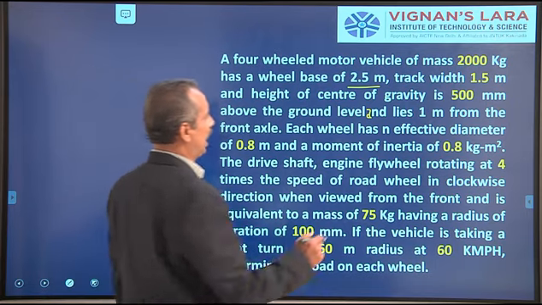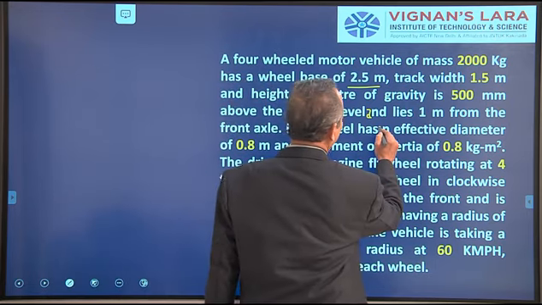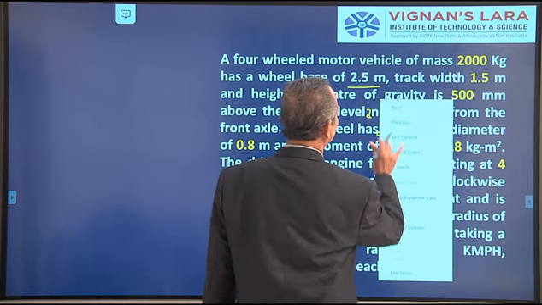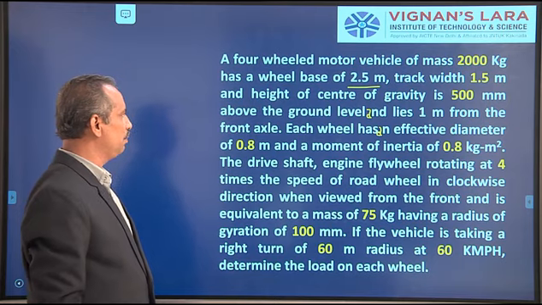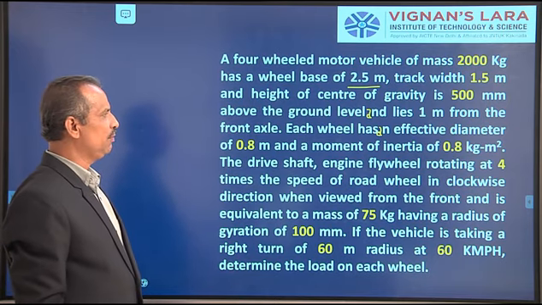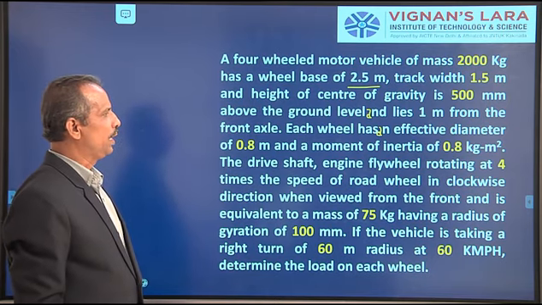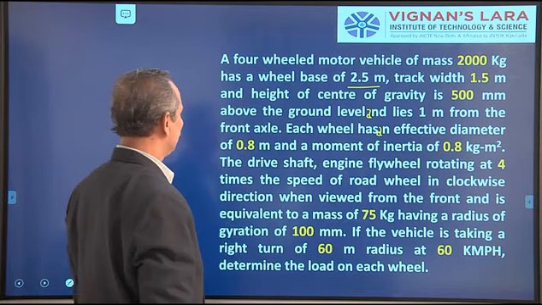Each wheel has an effective diameter of 0.8 meters and a moment of inertia of 0.8 kg meter square.